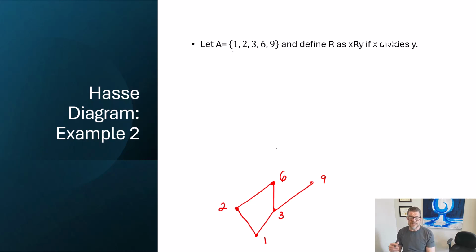Again, we don't have lines going from 1 to 9. We don't have lines going from 1 to 6 because our transitivity to 9 goes through 3. Our transitivity to 6 goes through 2, so it's assumed that we actually have that relationship. Notice also that the upwardness kind of goes along a diagonal. That's just fine. That's not a problem.